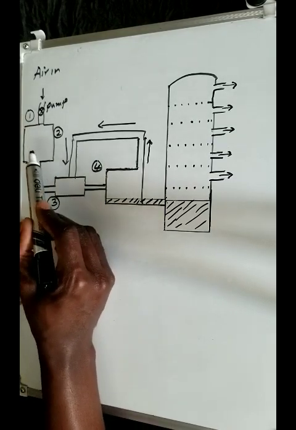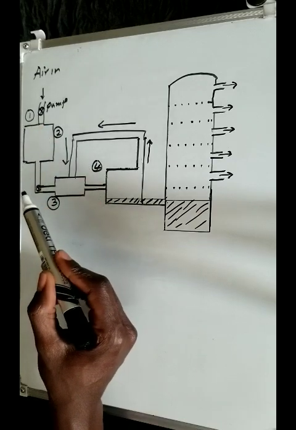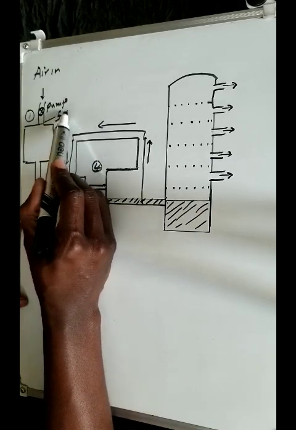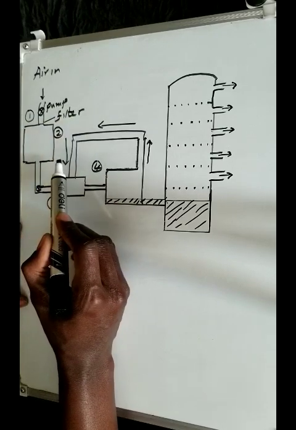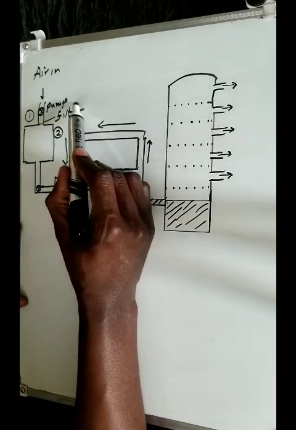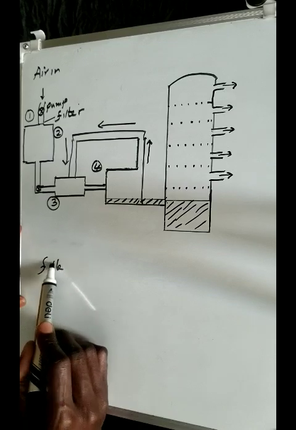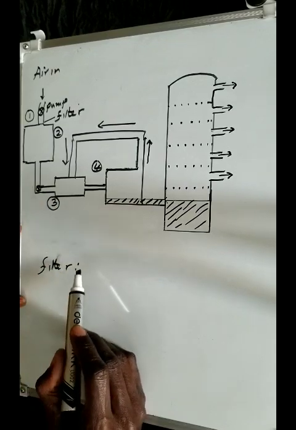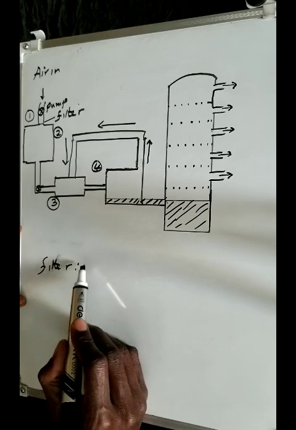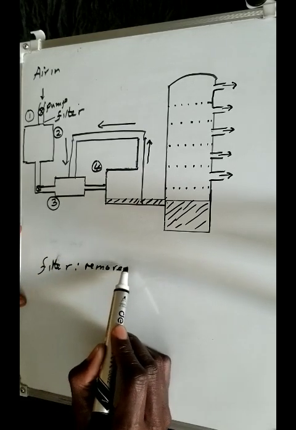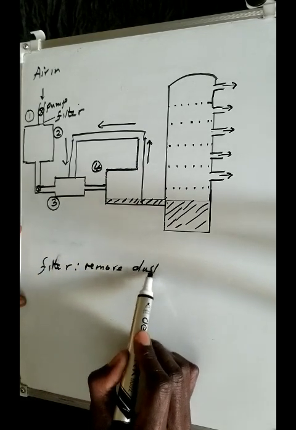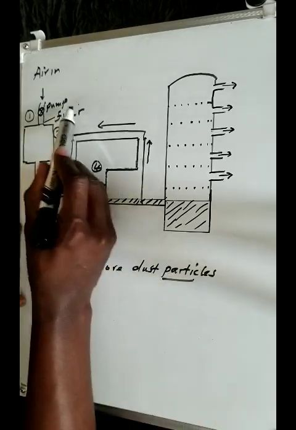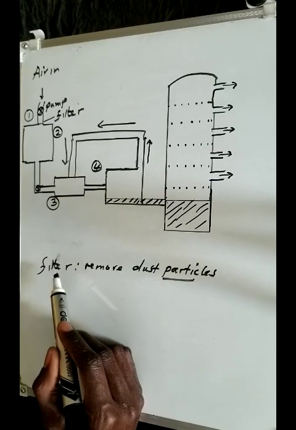But once it is drawn from the atmosphere, it needs to be filtered. Somewhere here, there's a filter. And what does that filter do? That filter helps to remove any dust particles that may be found in the air. That is the purpose of the filter.